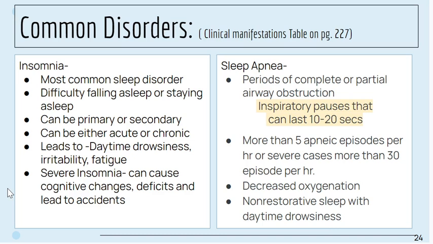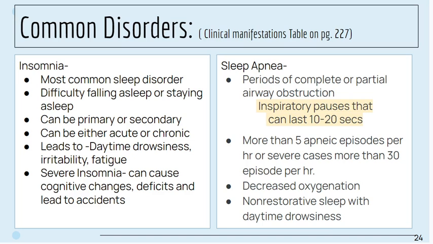Now looking at sleep apnea, this does include periods of complete or partial airway obstruction. This is what we call inspiratory pauses that can last 10 to 20 seconds. For some individuals it can be more. If you are diagnosed with sleep apnea, you have had at least 5 apneic episodes, which basically means you stop breathing in short stints of 10 to 20 seconds.